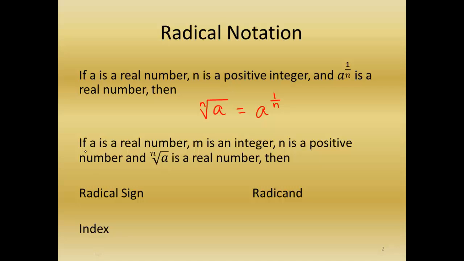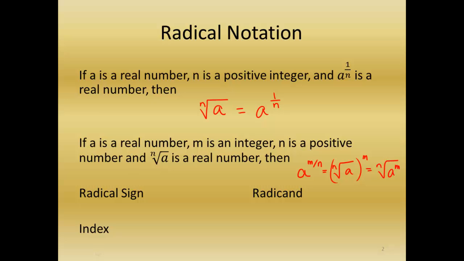The second statement: if a is a real number, m is an integer, n is a positive number, and the nth root of a is also real, so we're using the previous explanation as well, then a to the m over n can be equal to the nth root of a to the m power, or this could be equal to the nth root of a, all to the m.